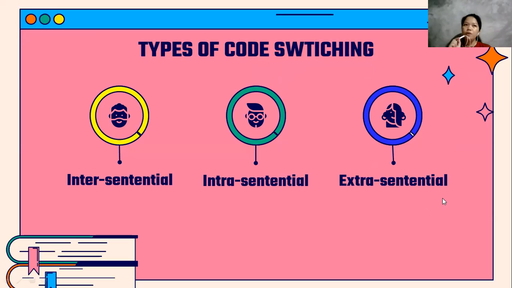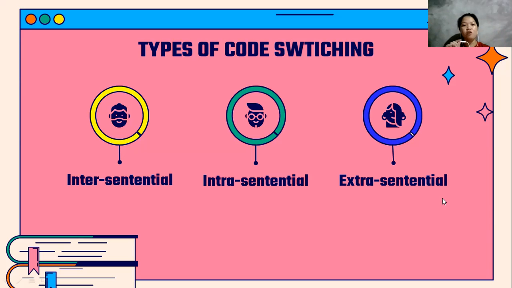For example, "If you're going to be late next time, wag ka na lang pupunta." The switch is done not in the middle of the sentence but at the end. So you speak in fluent English and then you code switch and speak in Tagalog. That is intersentential. When we say intrasentential, the switching is done in the middle.